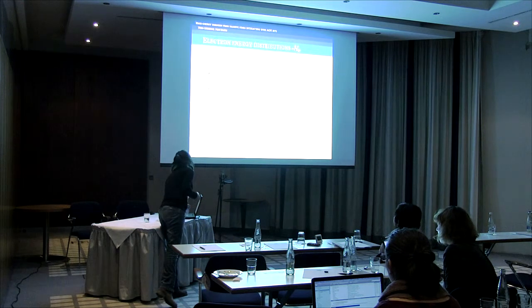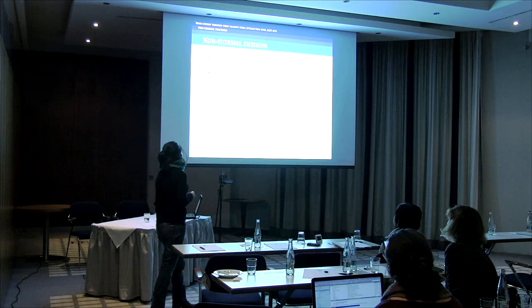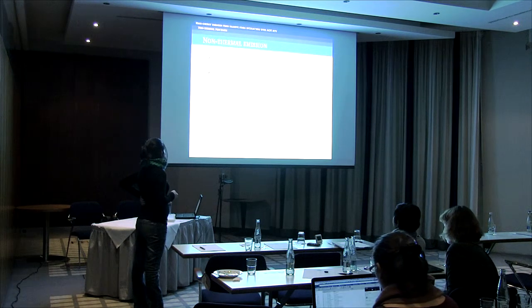Well, once we know the energy distribution of electrons, we can compute the emission of these electrons. The most important emission channels are synchrotron and inverse Compton, both in the shed and in the wind.